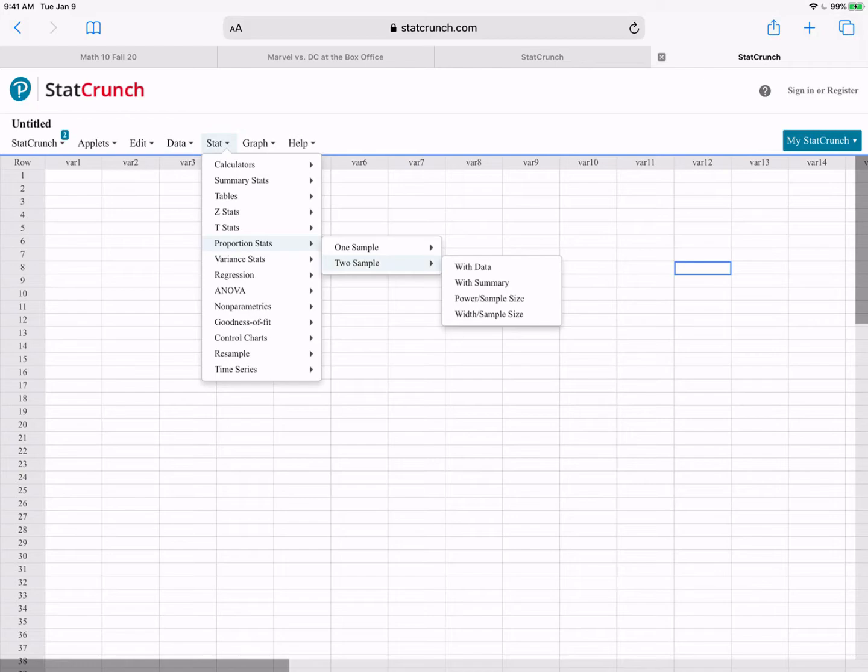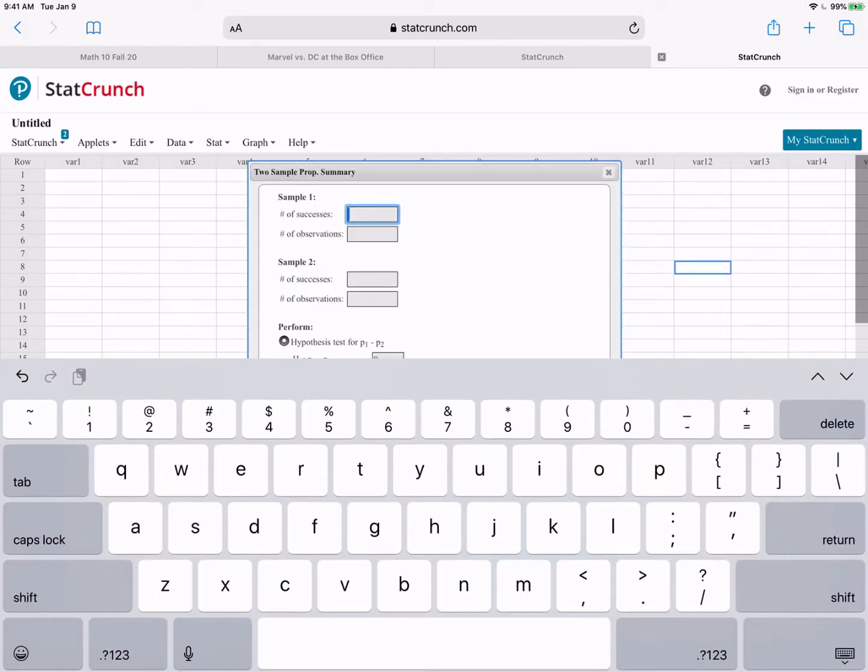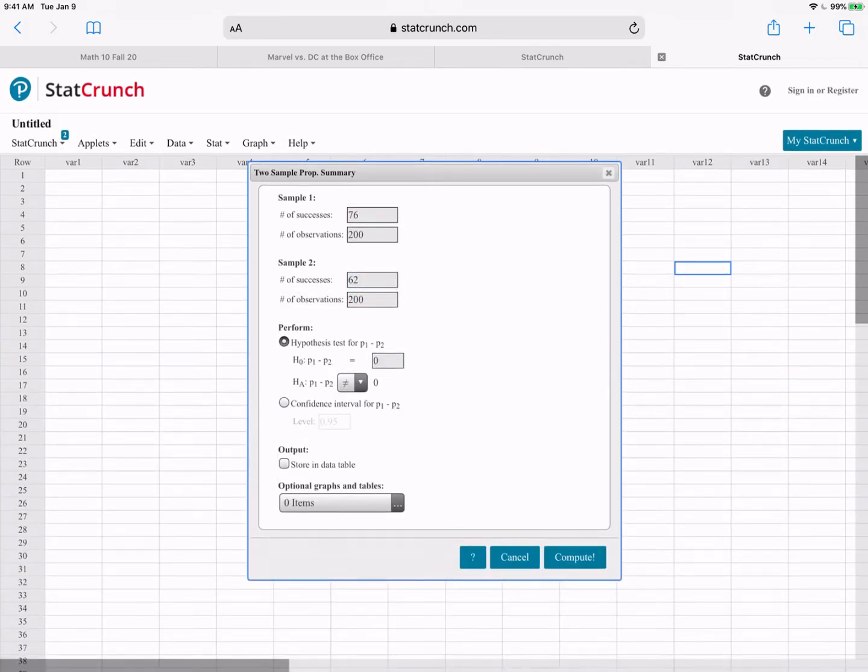We have two groups with summary. The first group is 76 out of 200. And the second group is 62 out of 200. And we're doing a hypothesis test, and the symbol in our alternative hypothesis is a not equal sign. So everything looks good.